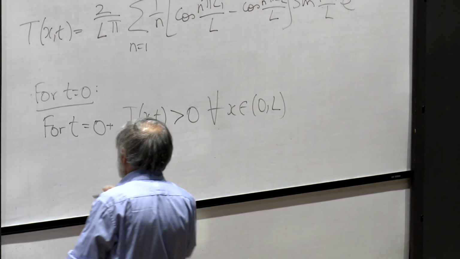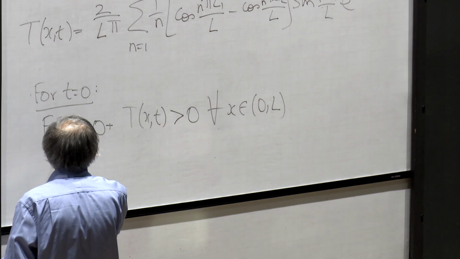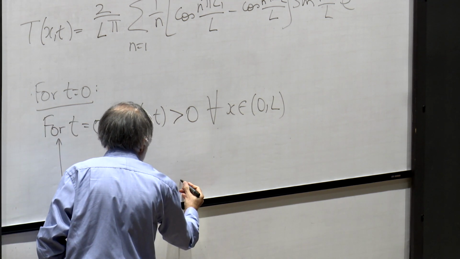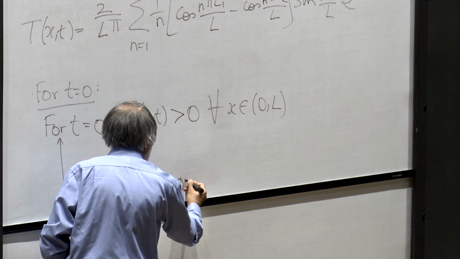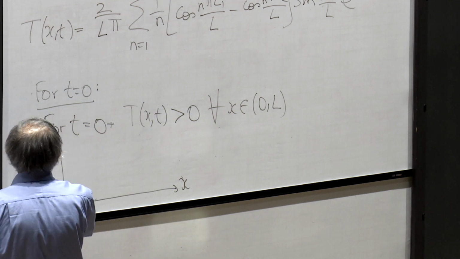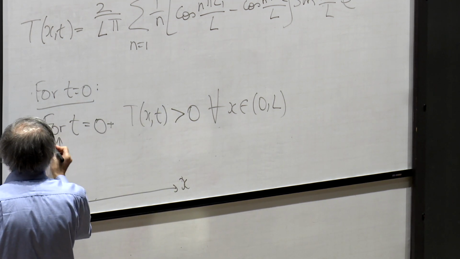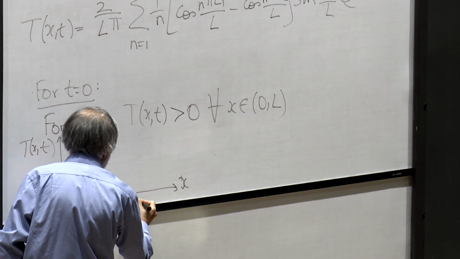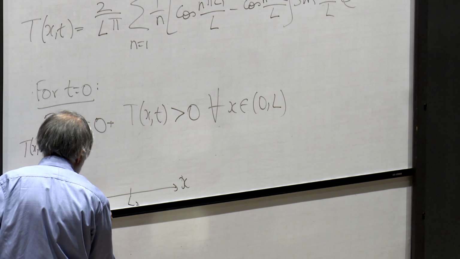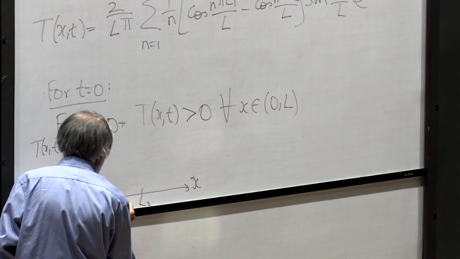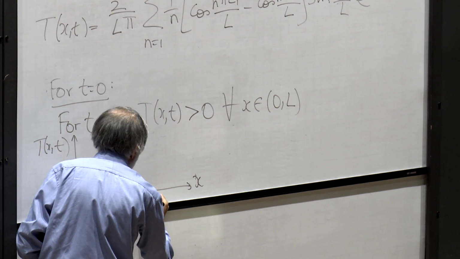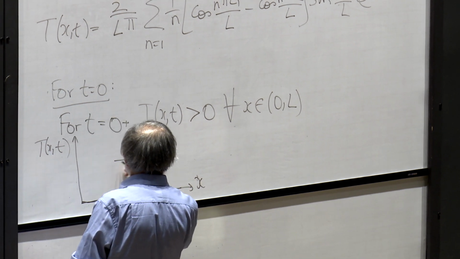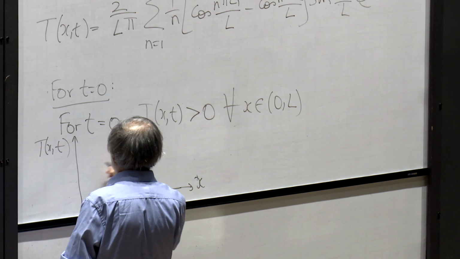Okay? So in other words, if you think of this function T(x,t), and T(x,t) started like this, then was 1 here, that's supposed to be 1.